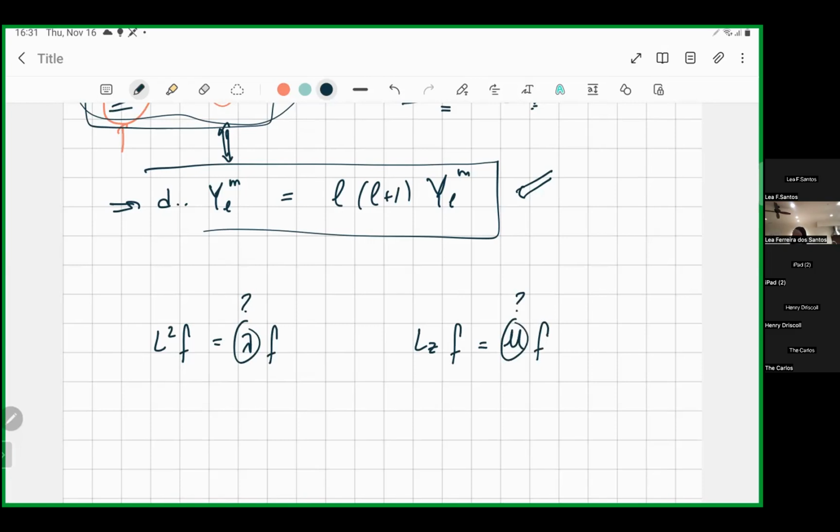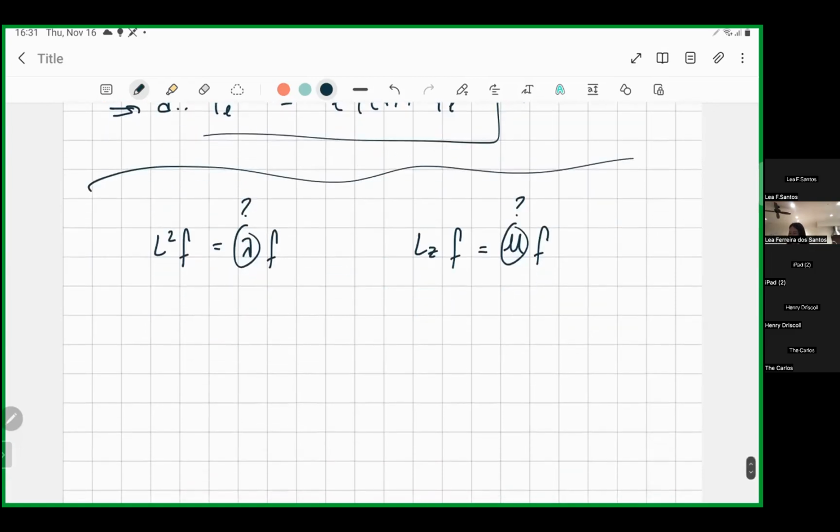Well, in this process now, we are going to get inspiration from the harmonic oscillator. Remember that in the harmonic oscillator, we introduced A plus and A minus, the raising and lowering operators. We are going to do the same game here.